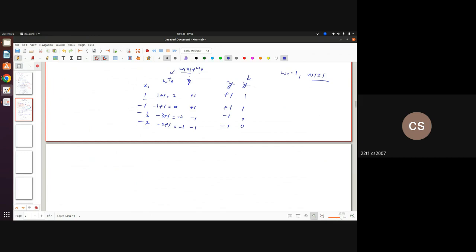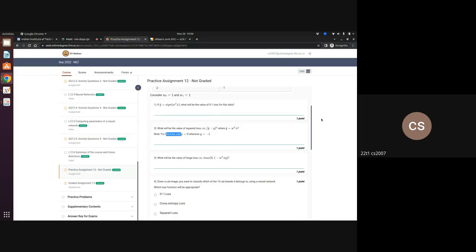W transpose X minus Y: 2 minus 1, and then square of that; 0 minus 1, square of that; minus 2 minus 0, minus 1 minus 0, square, right? 2 minus 1 is 1, 1 square, and this is 4, this is 1, right? Total will come out to be 7, okay? So this is the squared loss for the same data.